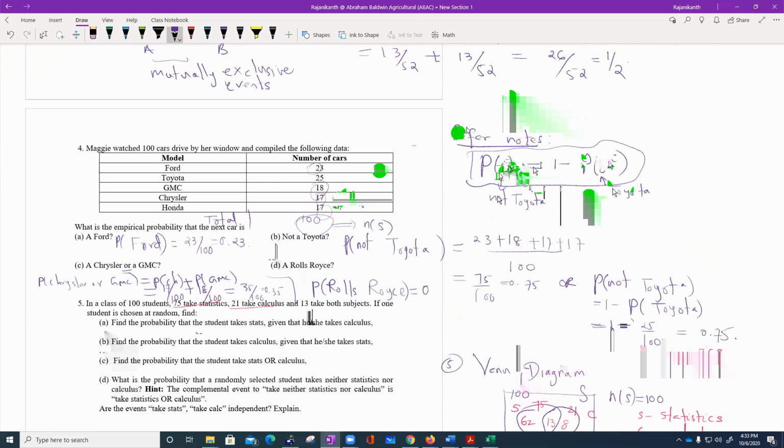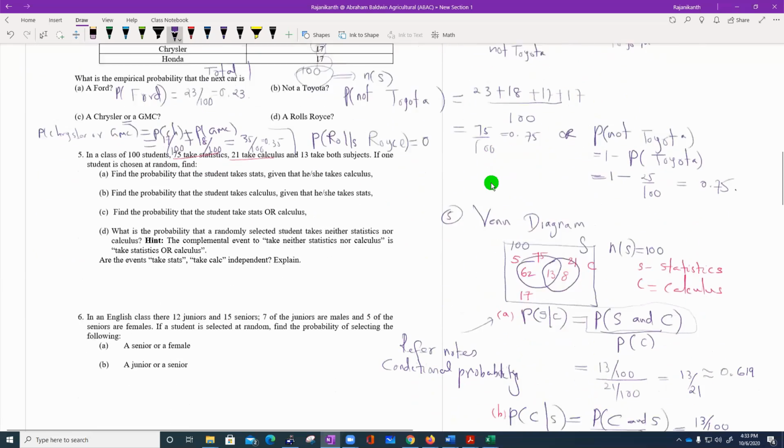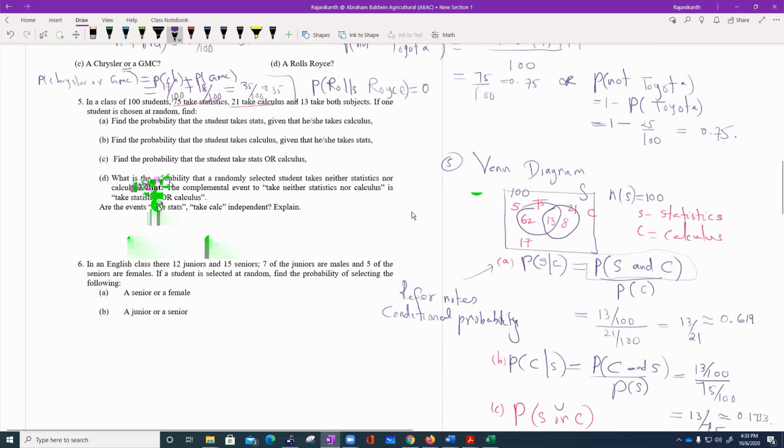These two events are the complement event of each other, right? So I'm using this formula now. What was the question? The question is finding the probability that the students take neither statistics nor calculus.